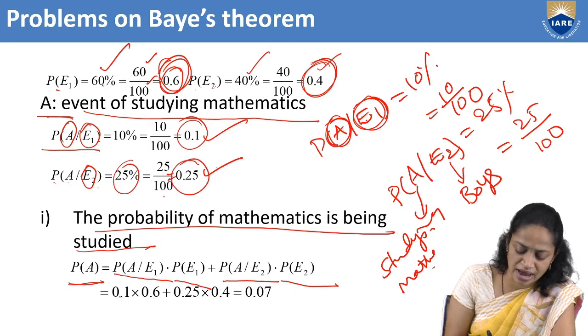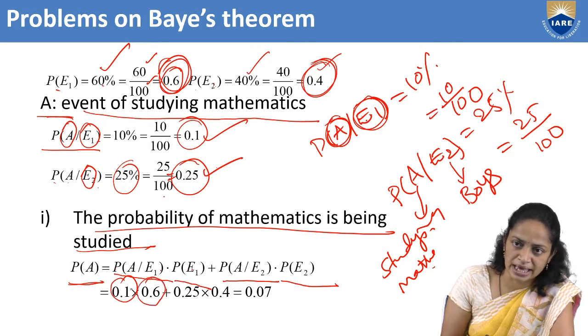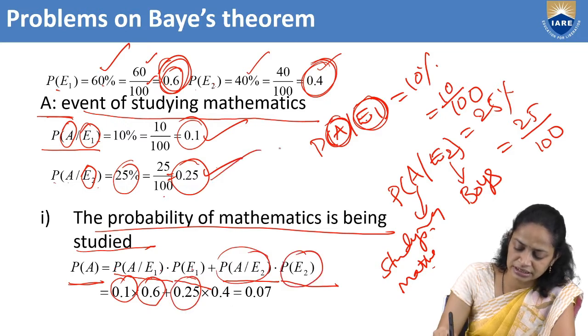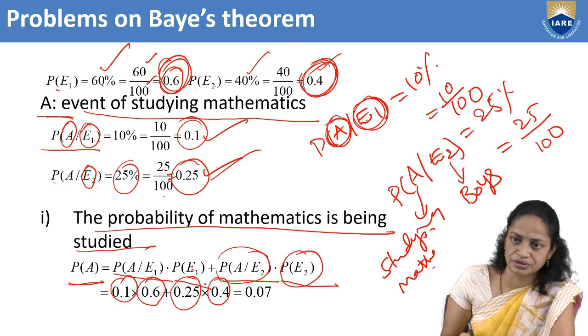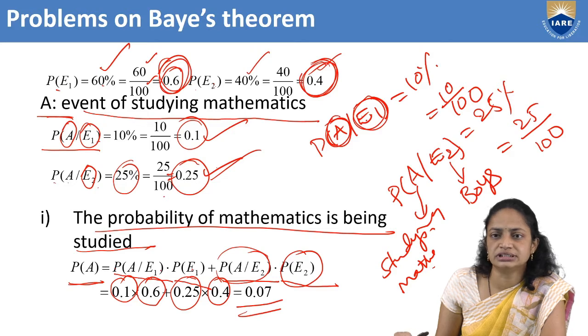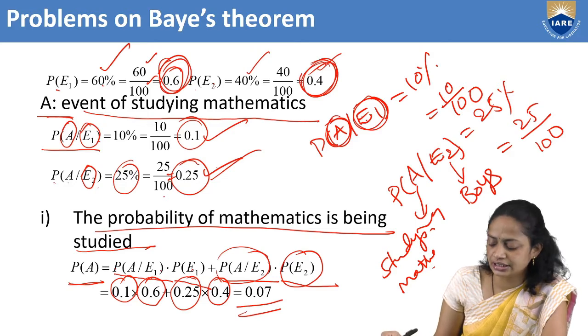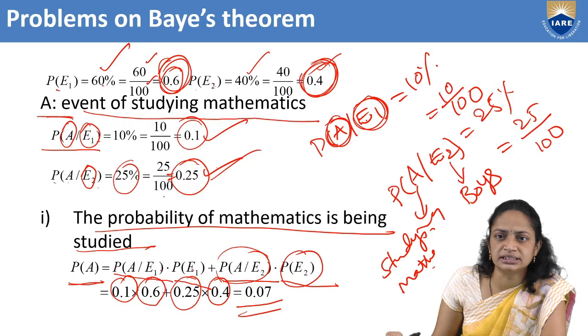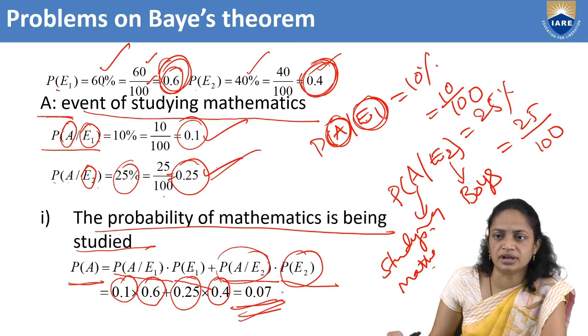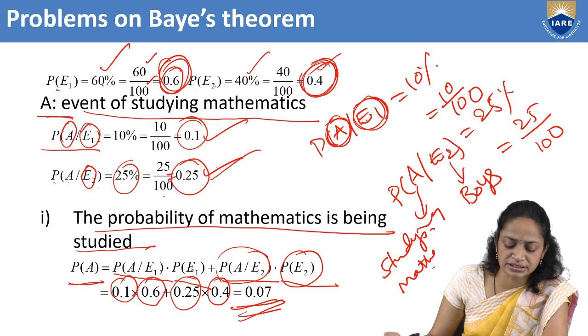So substitute all these values here: 0.1 into 0.6 plus 0.25 into 0.4. If you simplify this, you will get 0.16. So this is the answer, the probability that mathematics is being studied.